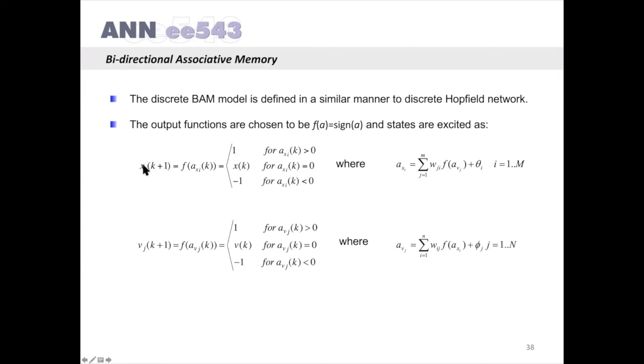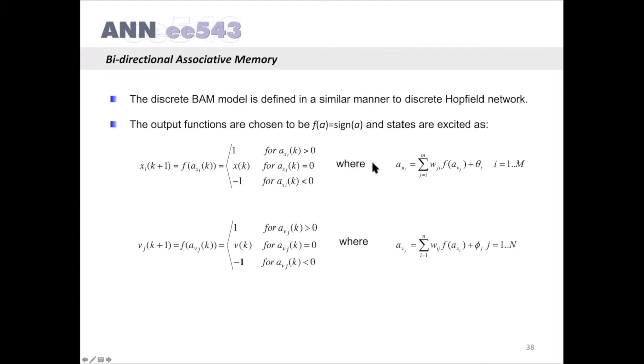The output value of the neuron xi at time k plus 1 is equal to the f function applied on the activation of that neuron at time k, which is equal to 1 if the activation at time k is greater than 0.